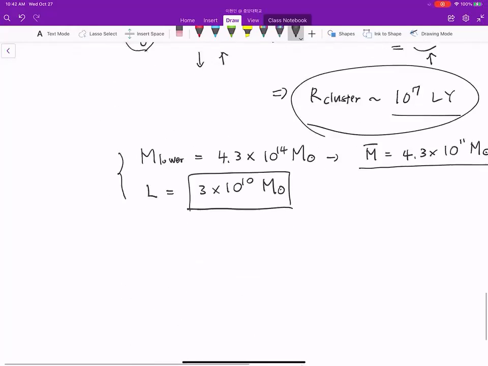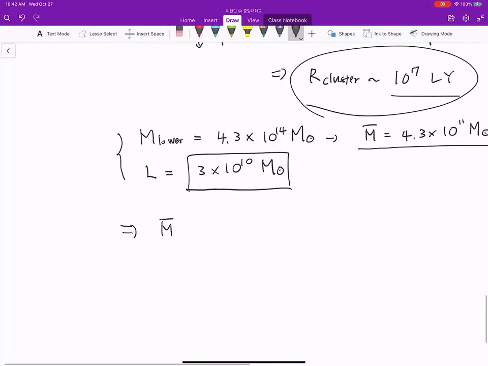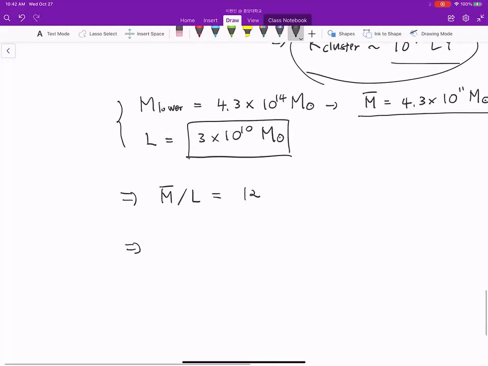So because of that, you can see now the mass to luminosity ratio is about 12 with 10 something. So because of that, about 90% of the total mass is invisible.